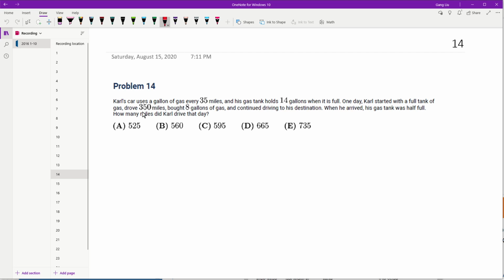The miles driven is equivalent to gas used multiplied by 35. We start with 14 gallons, and when he drove 350 miles, 10 gallons were used, because 350 divided by 35 equals 10.